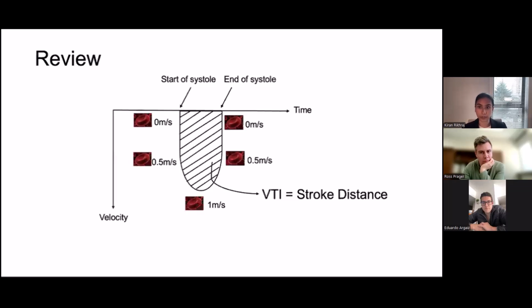At peak systole, the velocity of blood is 1 meter per second. As systole slows down, you're still in systolic contraction, but the speed of blood slows too, going back down to 0.5 meters per second. Eventually, at the end of systole, when the aortic valve closes, blood stops completely and its velocity is 0 meters per second.